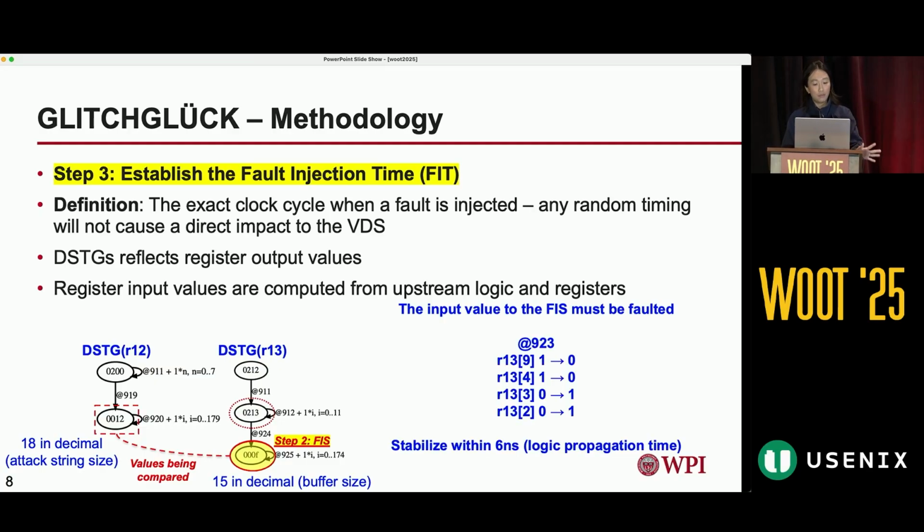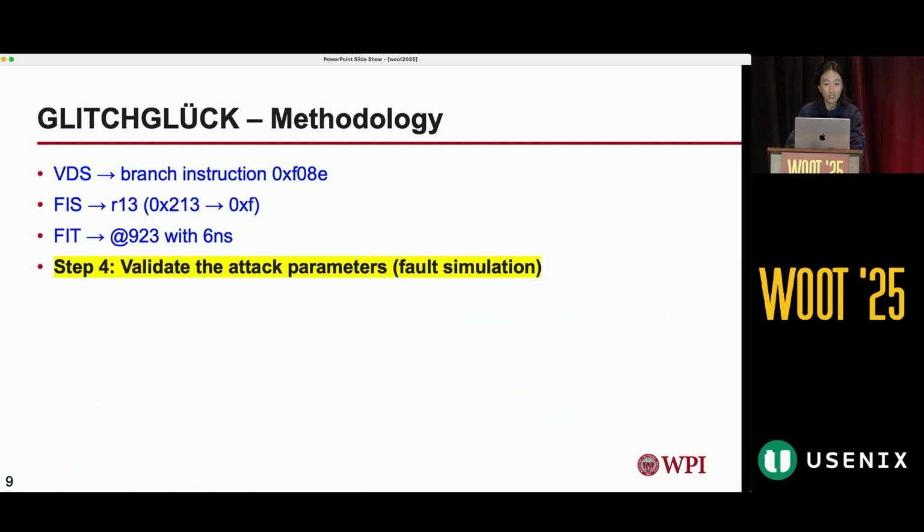We have an automated Python script that parses the layout data, and we located that the transition from 213 to F, the input values being toggled and computed, is at exactly clock cycle 923, which has 4 bits being flipped inside R13. All of the bits have a maximal logic preparation time of 6 nanoseconds. Therefore, the fault injection time is clock cycle 923 with a logic preparation time of 6 nanoseconds. All right, so we have all these 3 parameters.